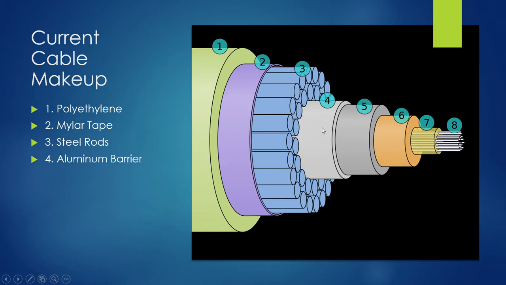Next, you have an aluminum barrier, which is used to keep water out of the cable. Next up, you have polycarbonate, which is a thermoplastic polymer that is commonly used for extrusion with tubes.